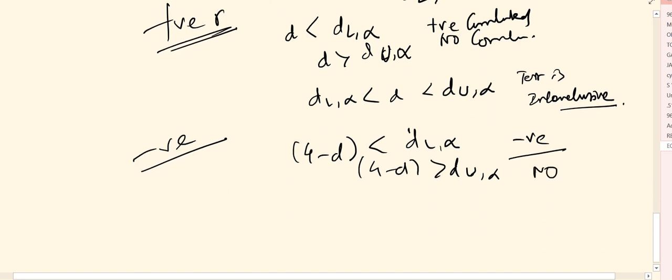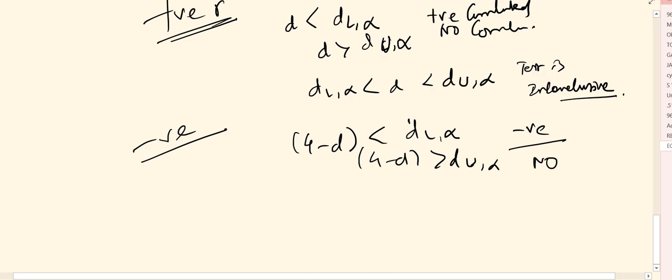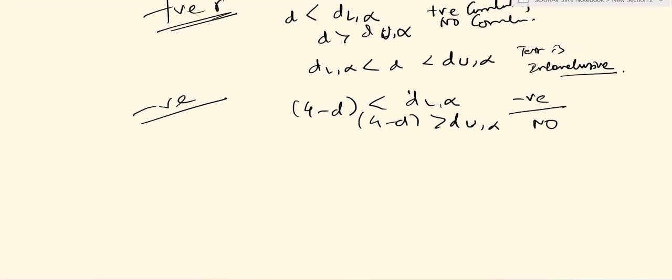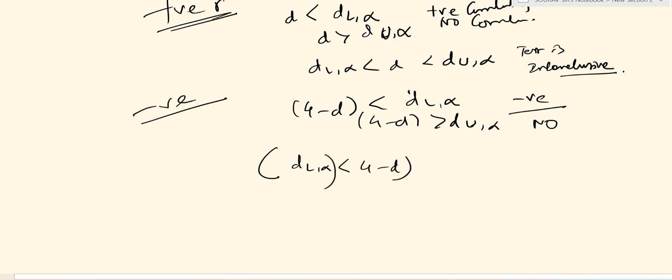And if it lies between these two, the test is inconclusive. Clear? Negative serial correlation implies that a positive error is followed by a negative error in the observations.